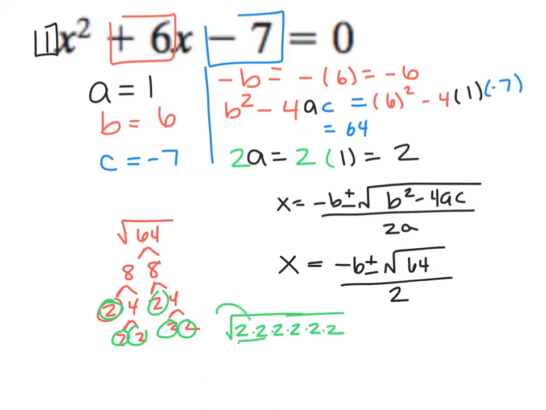Double on the inside, single on the outside, double, double. I have 3 doubles, so 2 times 2 times 2 is 8. So that is what's going to go in for my radical. So I get x equals negative 6 plus or minus 8 over 2.